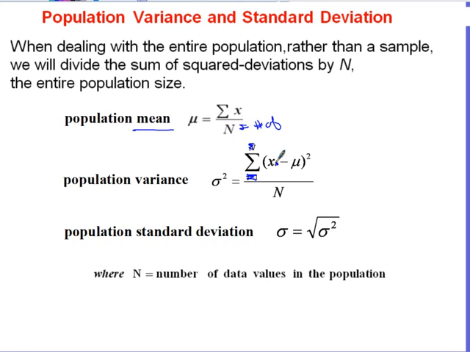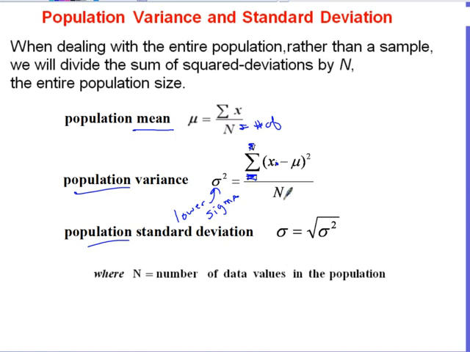So what you've got now here, though, for variance and standard deviation, is you've got the lowercase sigma. That just means that it's population variance or sample variance. And look, if you're doing population standard deviation, you're going to use the population mean and the population sample size.